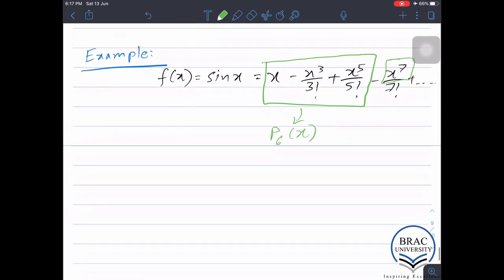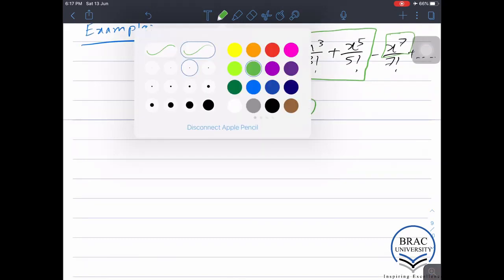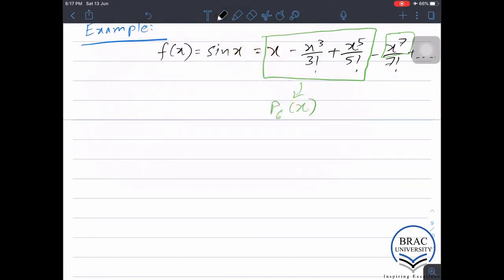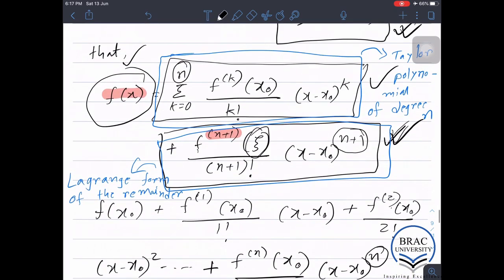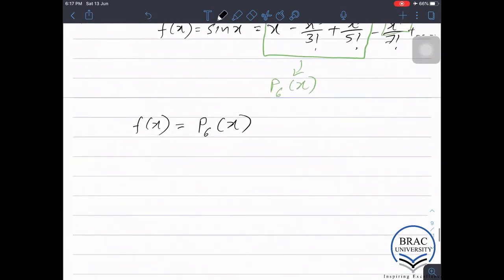So from Taylor's theorem, what I can say is that my f of x will be p6 of x, which is the polynomial, because you saw that the first term is the polynomial, and the error looks like this: f^(7)(xi) by 7 factorial, times (x minus x0) to the power 7.